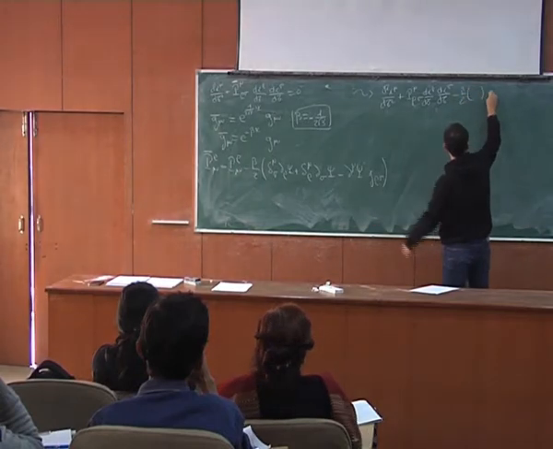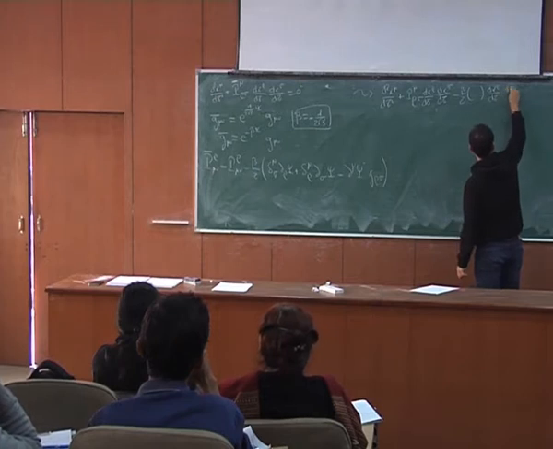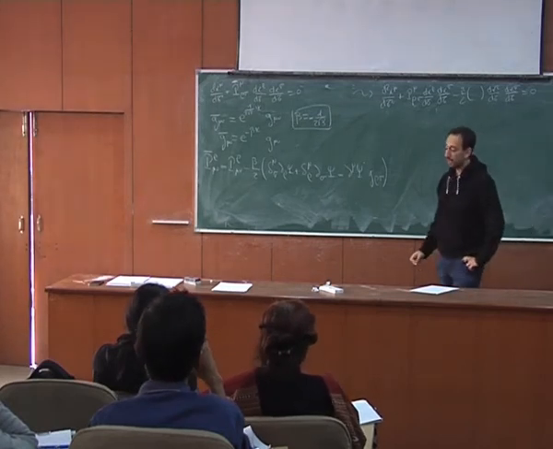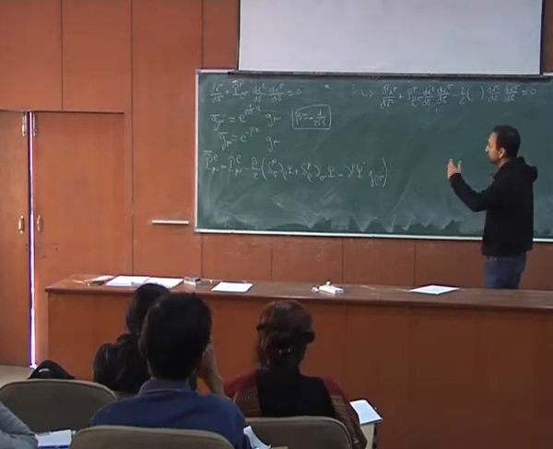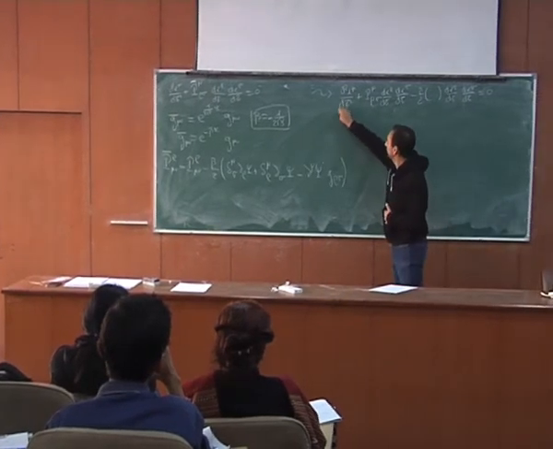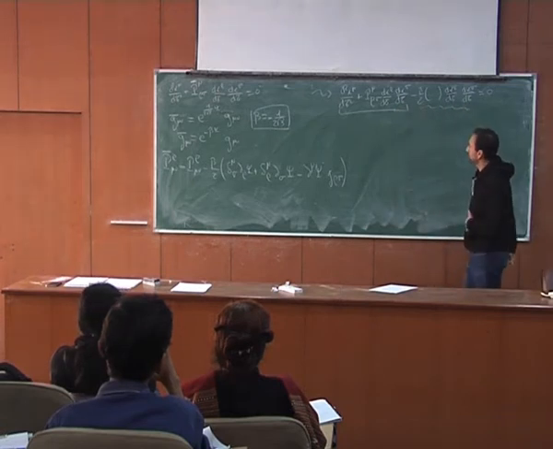I will not write everything. dx^rho/dtau, dx^sigma/dtau equal to 0. So now my geodesic equation, if I look at it in the Einstein frame in some sense, is different. I don't have this equal to 0, but I have some additional terms here.